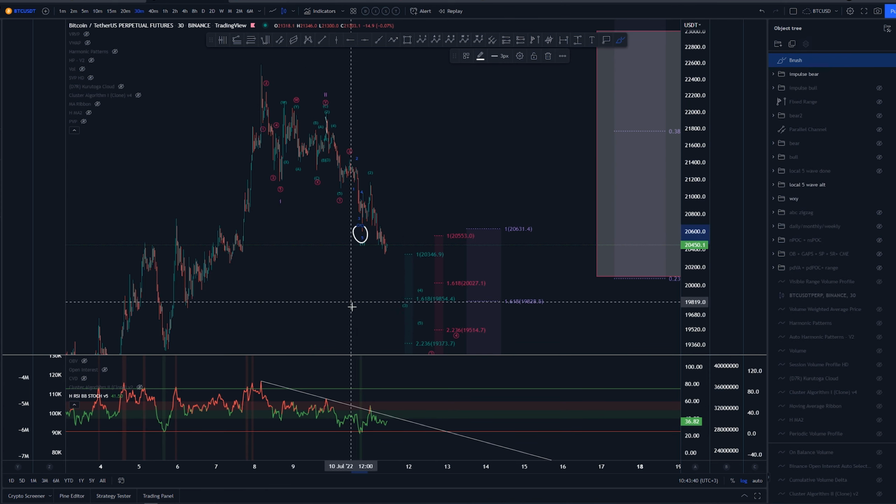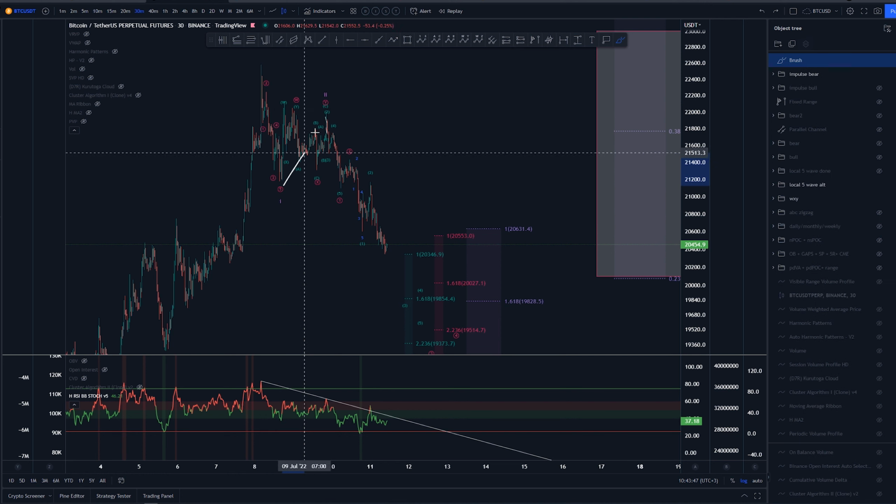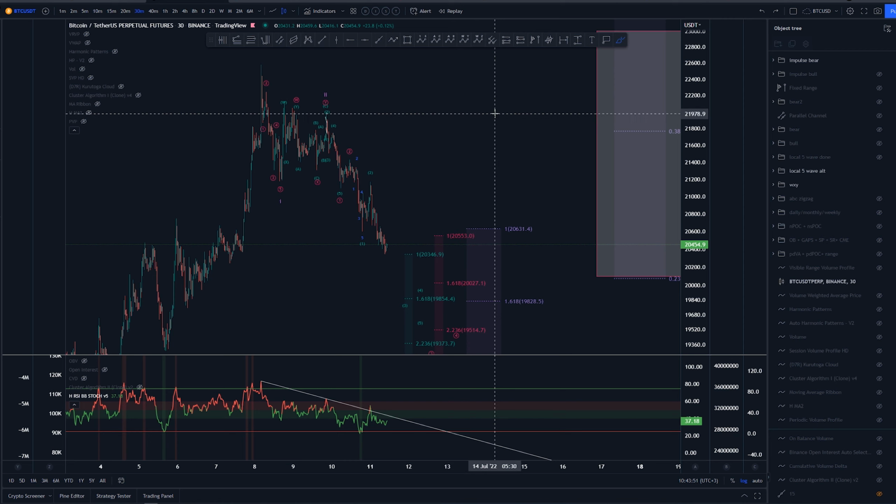I could not really get a good-looking count here completing, unless we want to say that we have 5, and then this structure here would be 5, 3, 5. That just doesn't look right, as this looks very 5-wave-ish. If something starts with 5, it ends with 5. So I could not really fit a count here due to that.